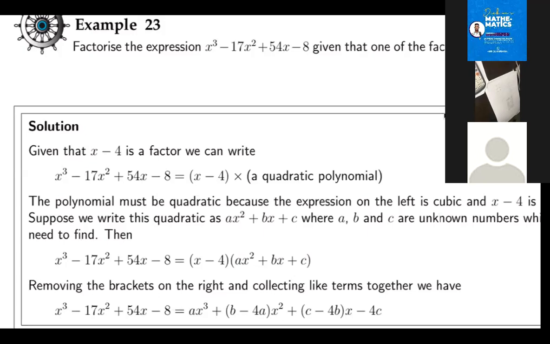Let's try positive 2. Okay, so I'm doing it. You didn't get 0.